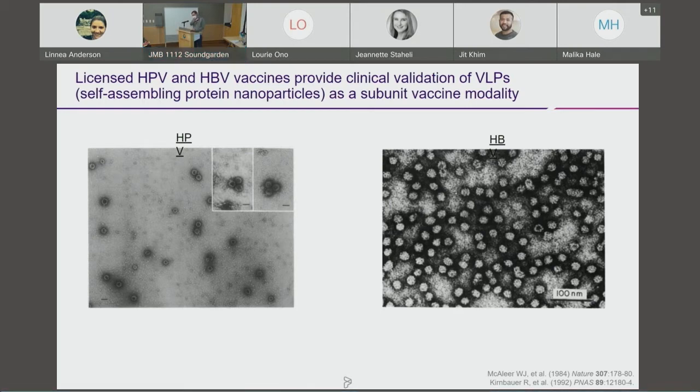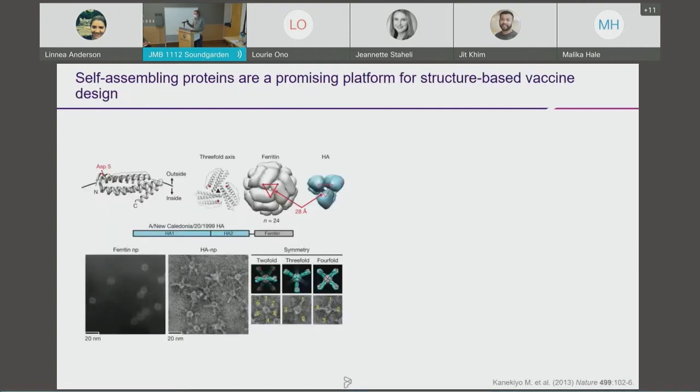So these ones form these virus-like particles naturally, but many antigens that you might be interested in using in a vaccine don't naturally self-assemble. And in those cases, you need a self-assembling scaffold if you want to make a particulate vaccine.